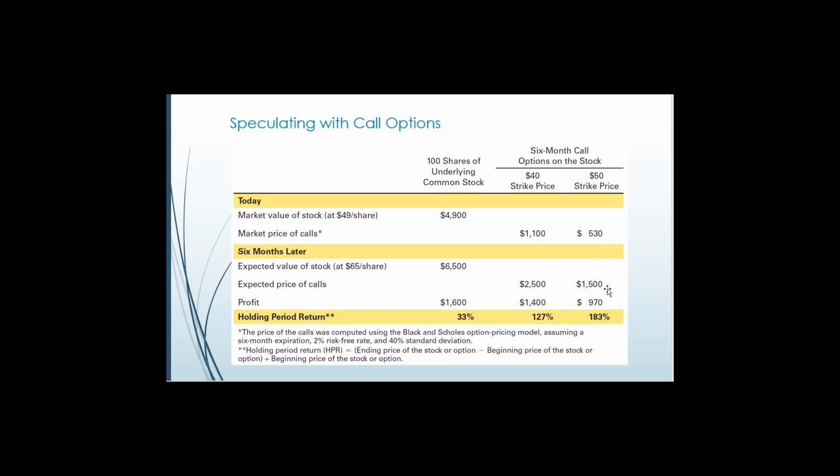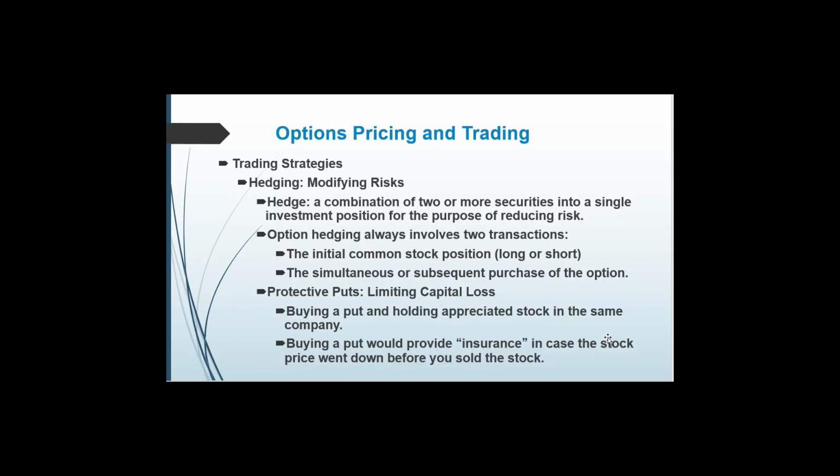Again, the exercise price, so the ultimate price of the call would be $1,500. So you'd make $970 on a $530 investment. And of course, there's the leverage factor of 183%.